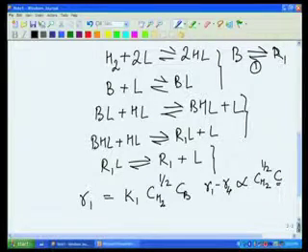Now, we can do the same thing for the second set of reactions, namely R1 binding with L and eventually getting hydrogenated to the saturates.